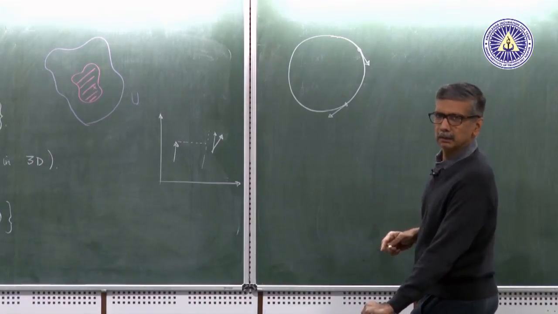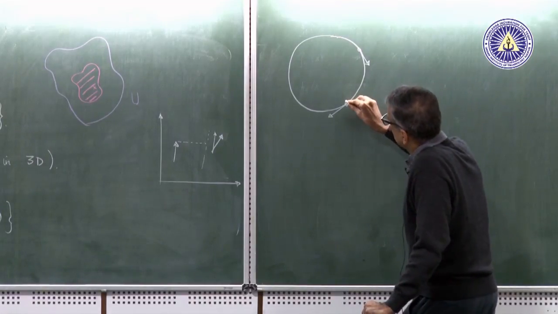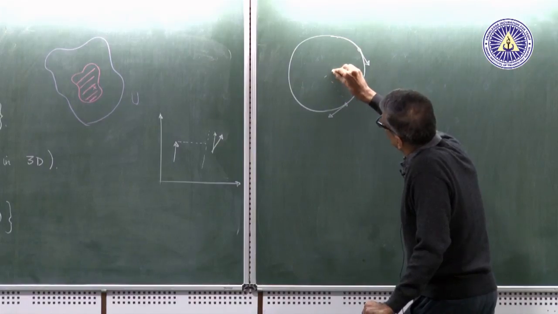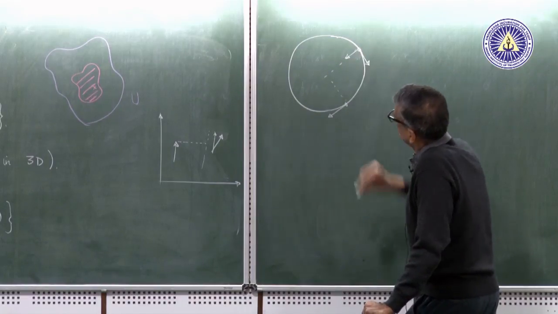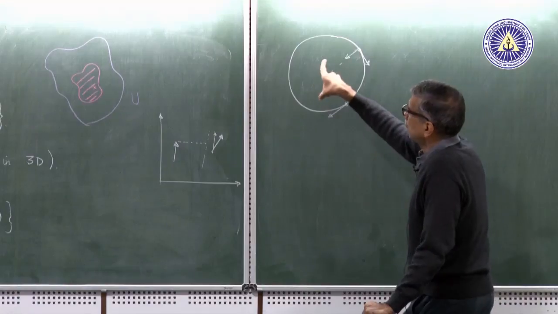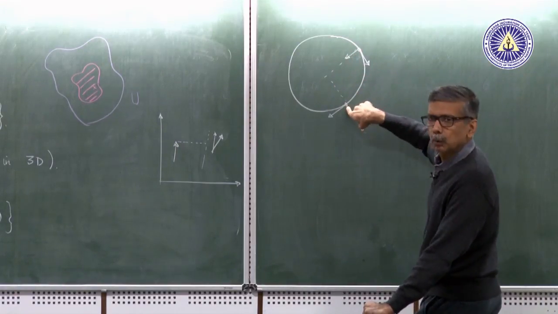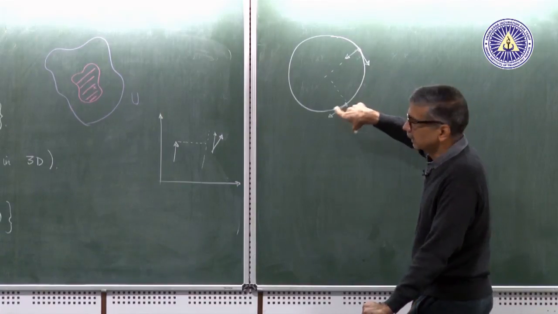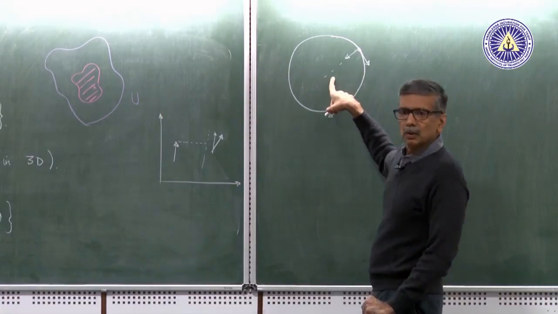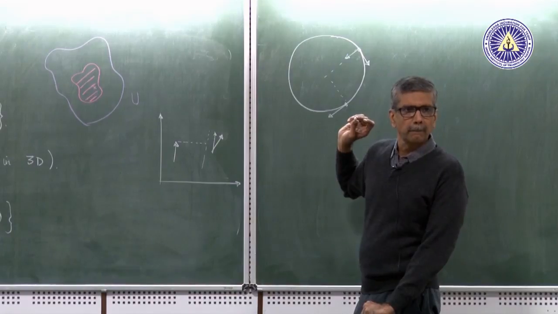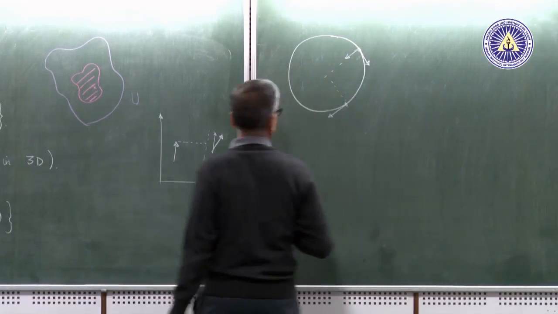It is not very clear. I cannot move this vector like this and bring it here, because all this is not included in the circle. The universe for the particle is just a circle. It does not know this exists at all. So, how do we talk of these things?